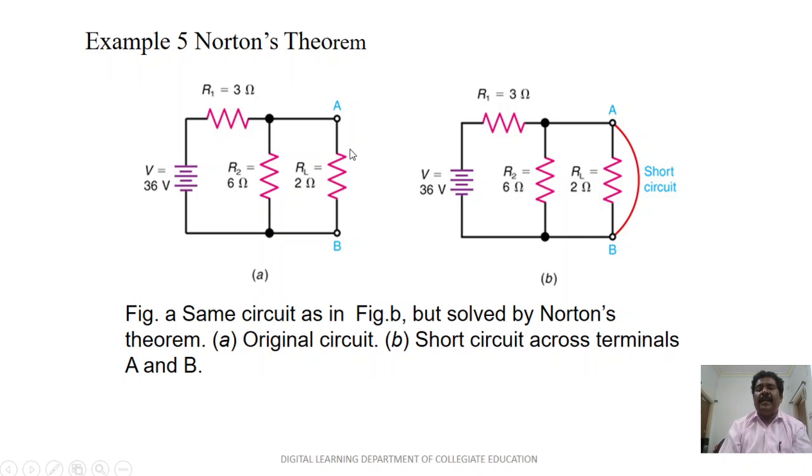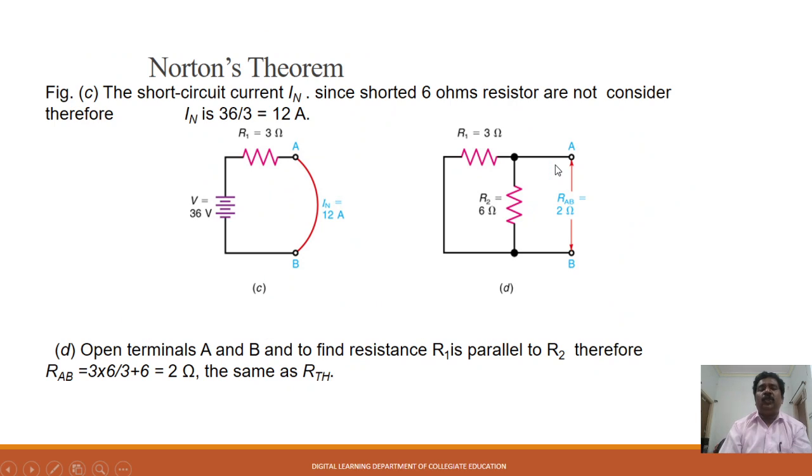When I short terminals A and B, the 6 ohm does not have any effect, and that short circuit current is nothing but IN. Since the 6 ohm resistor is not considered, IN is equal to 36 divided by 3, which is equal to 12 amperes of current. So like this we can calculate the 12 amperes of current from the given circuit.